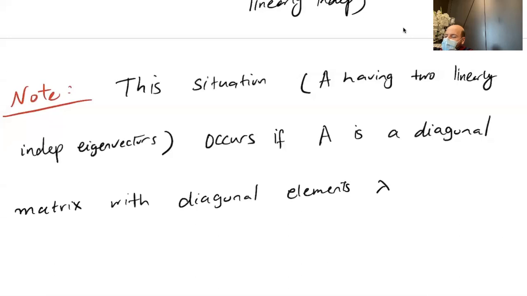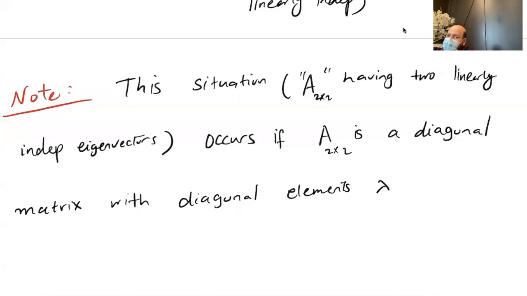So if A is 2 by 2, remember A here is 2 by 2, this matrix will have two linearly independent eigenvectors corresponding to the same eigenvalue if and only if A is a diagonal matrix with diagonal elements lambda.